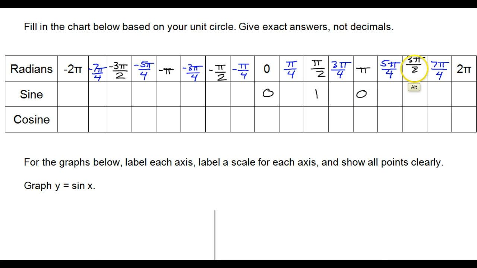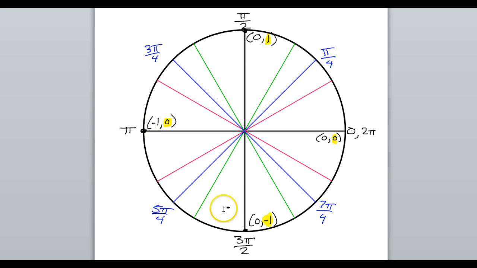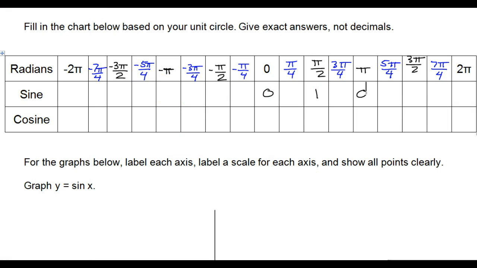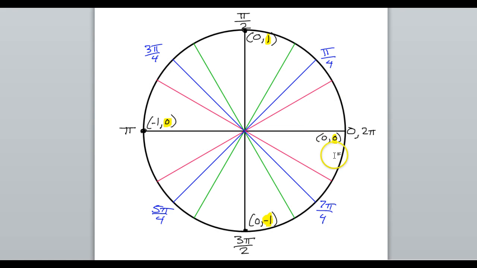And then how about 3 pi over 2? At 3 pi over 2, the sine function has dropped to -1. And then at 2 pi, we're back to where we started from. We're back to a y value of 0.